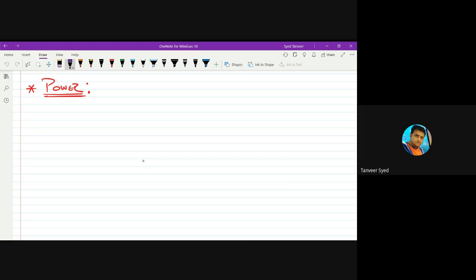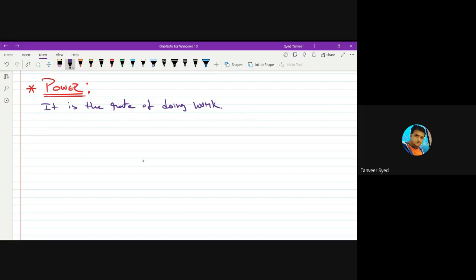Okay. In terms of mechanics, in the context of this work energy power, we define power as the rate of doing work. The rate at which a body can do work is its power.